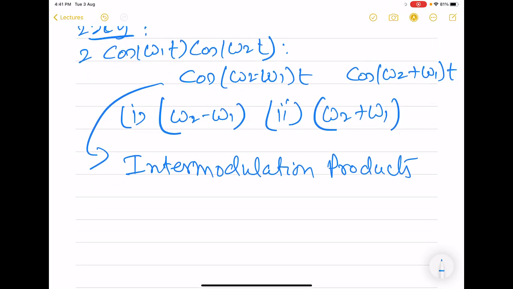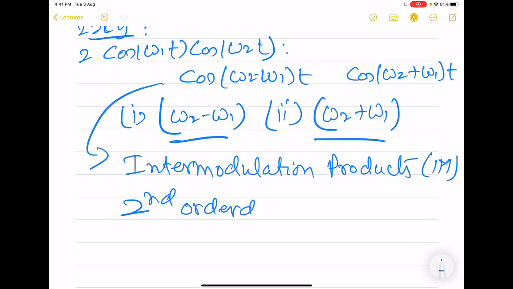And specifically, these two frequency components, they are the consequence of the second order term. So they are called second order intermodulation products.